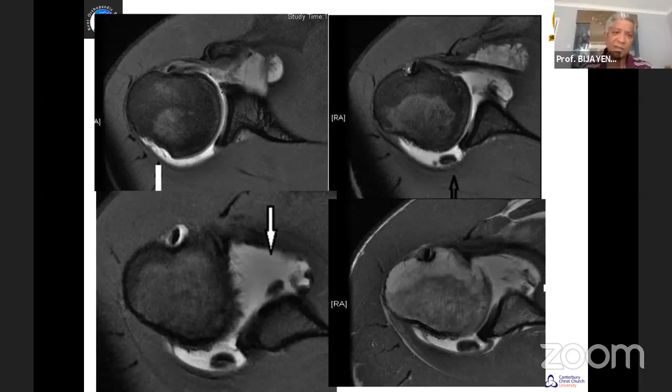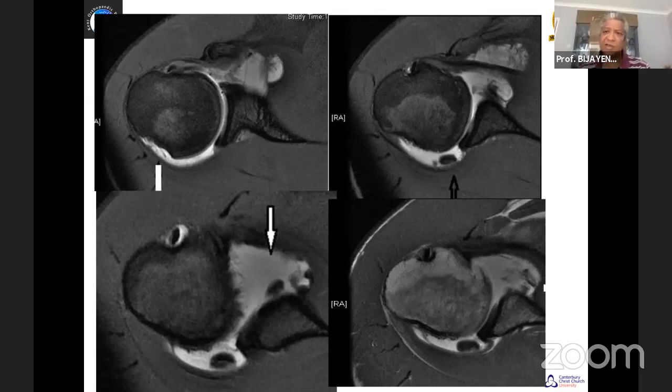The things that I can see on the top left-hand corner, I can see there is a Hill-Sachs lesion. There is some bone edema. On the top right-hand corner, I can see there is a loose fragment which looks like an osseous or an osteocartilaginous fragment lying posteriorly.